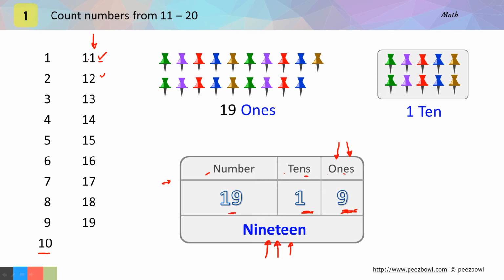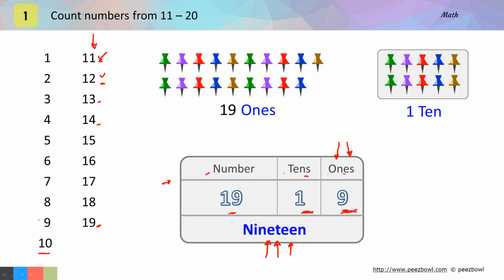Like in 11 we have 1 at ones place, and in 12 we have 2 at ones place, in 13 we have 3 at ones place, in 14 we have 4 at ones place, and same way it goes on increasing till 19. So at 19 we have 9 at ones place.